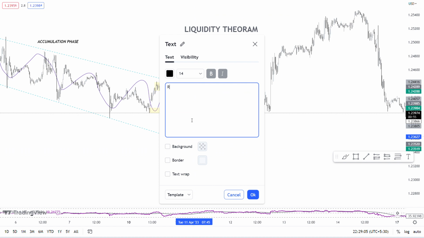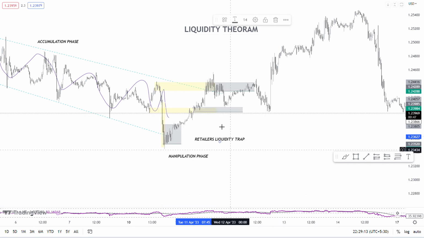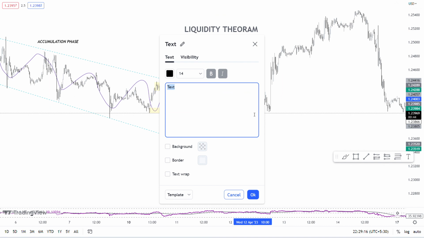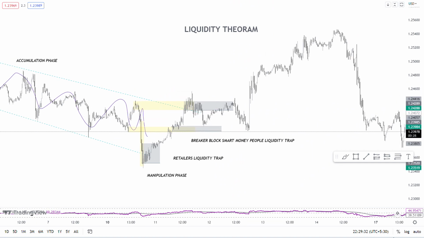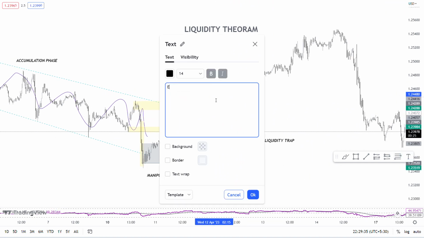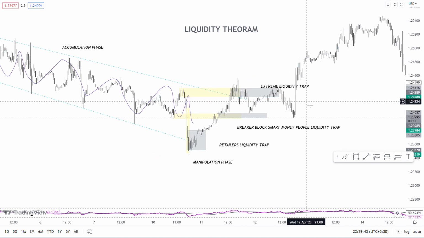Okay, retailers liquidity trap, smart money people liquidity trap, and finally this is the extreme liquidity trap. Cool, right?